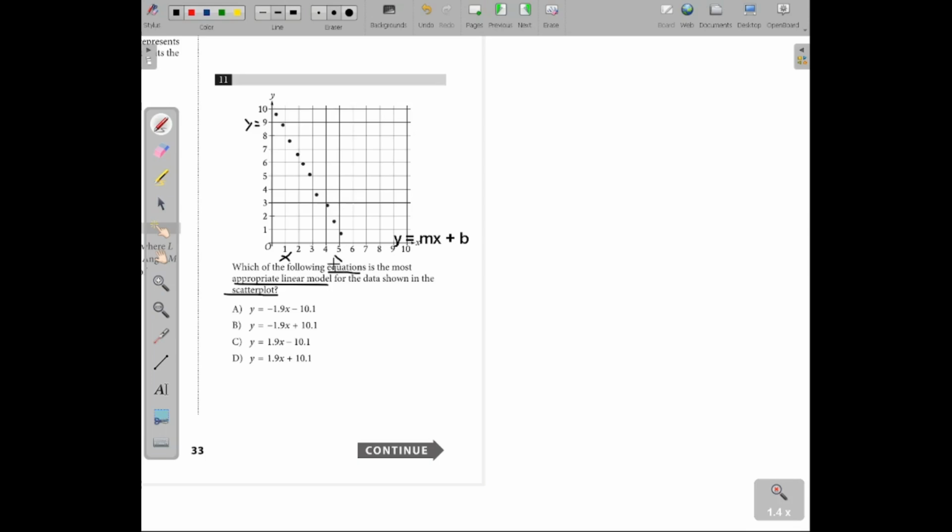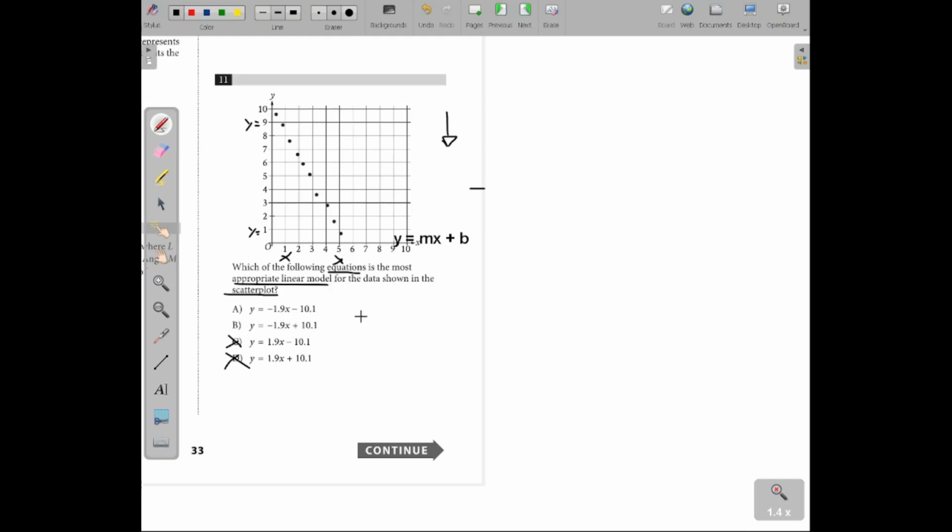Or this other point when x is equal to 5, the value of y is less than 1. So we know that the slope is negative because it's decreasing. Our answer should be A or B. C and D cannot be the right answer.